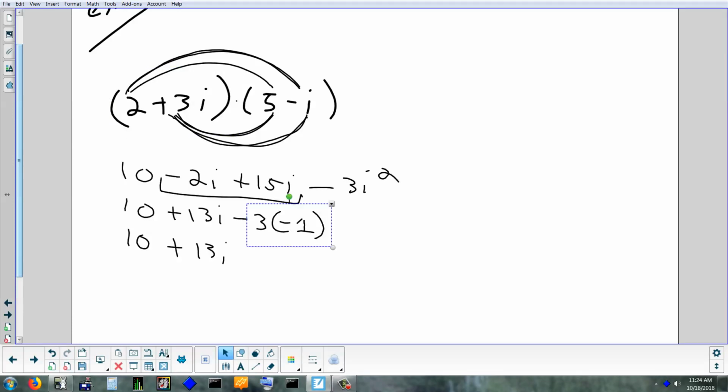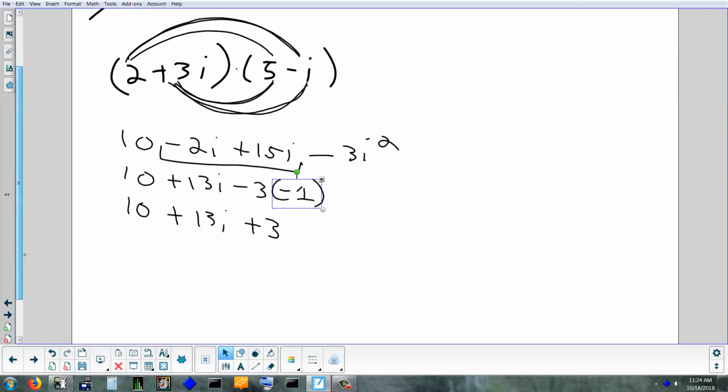We've got 2 minuses, that turns into plus 3. Think of it as negative 3 times negative 1. Now we've got 10 plus 3. That's why we changed i squared to negative 1. We can combine it with something else. What's 10 plus 3? 13.